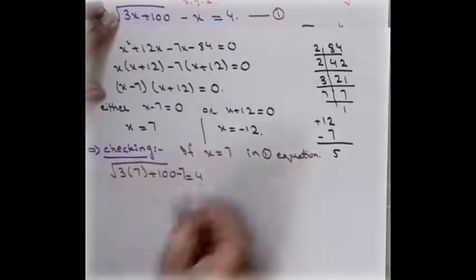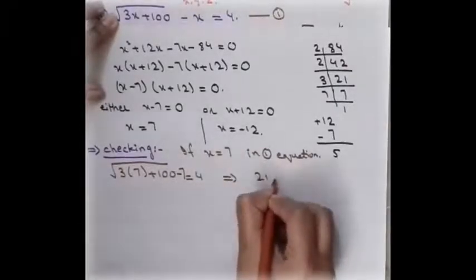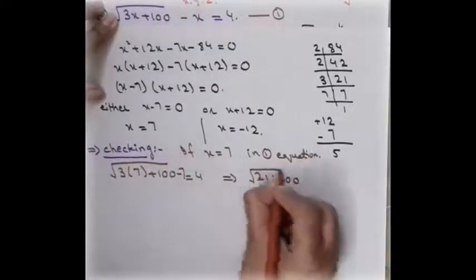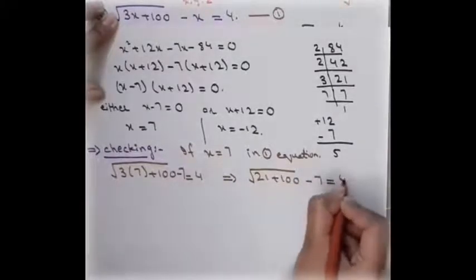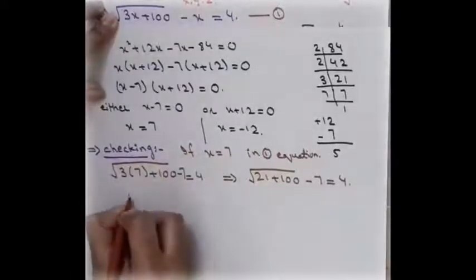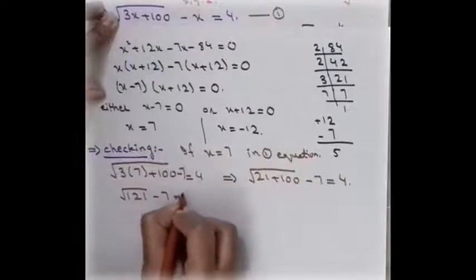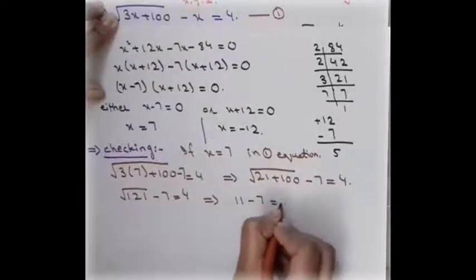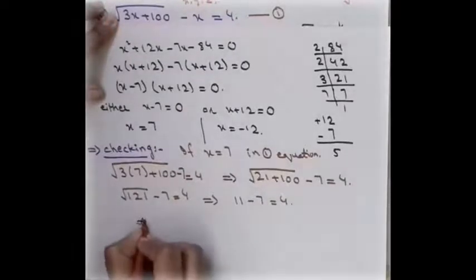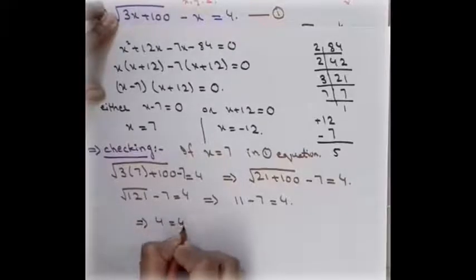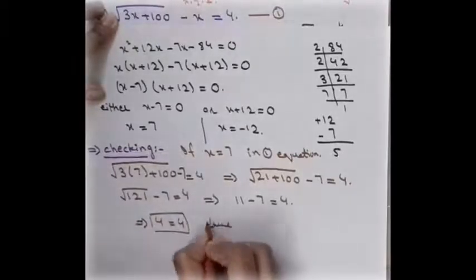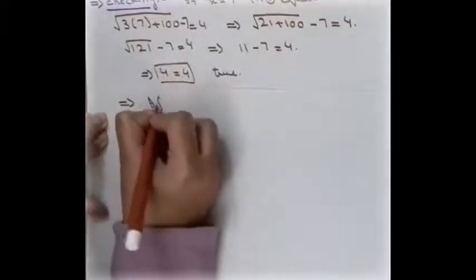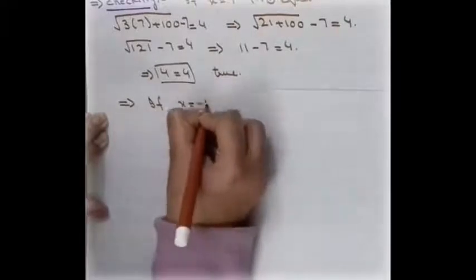Basically we check the equality. 21 plus 100 is under the root, minus 7 equals 4, and it will be the square root of 121 minus 7 equals 4, so 11 minus 7 equals 4, and this implies that 4 equals 4. It means the equality holds. And now check for x equals minus 12, the other root.